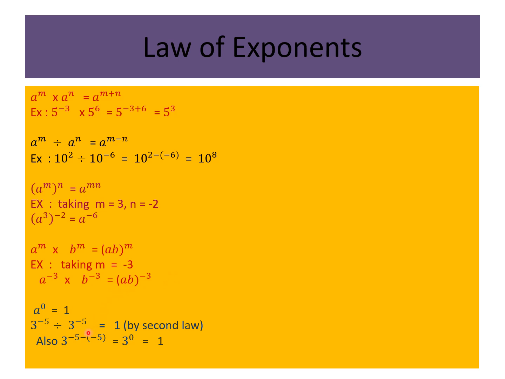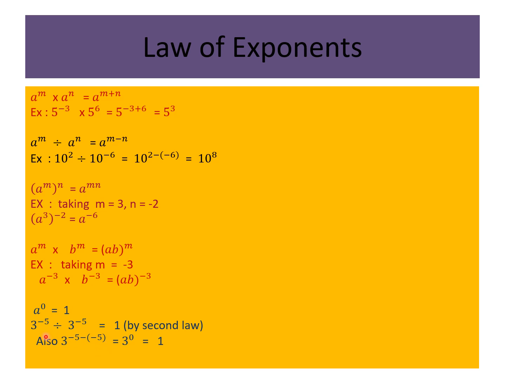The last law, a power 0 equal to 1. How is it possible? Already we know if we take any two same numbers and divide, we will get the answer as 1. And this is by the second law, we will get 3 power minus 5 minus of minus 5.